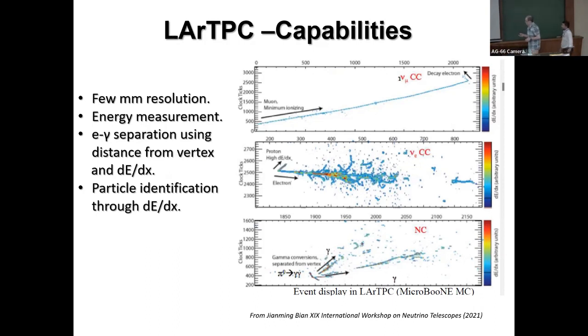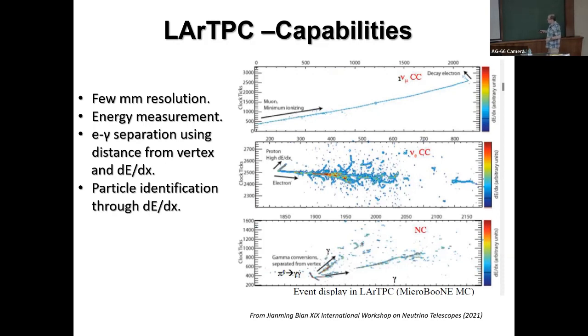Okay, thank you. So this is the display. This is where the muon was a clear track. You have a nu e charged current event, with the typical fuzzy showers, and you have the neutral current from the decay of pi zero, which is important, as I mentioned yesterday, because one of the most important features of these TPCs for searching nu mu to nu e is to have a very good separation between electrons and photons.